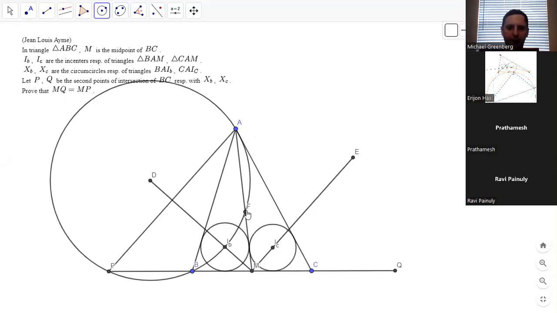That seems like it shouldn't even be that hard, right? So really we just, oh, that's obvious because this is an angle bisector, right?